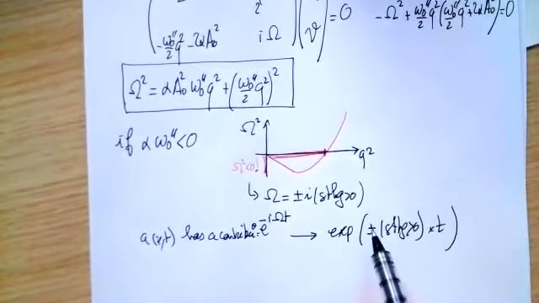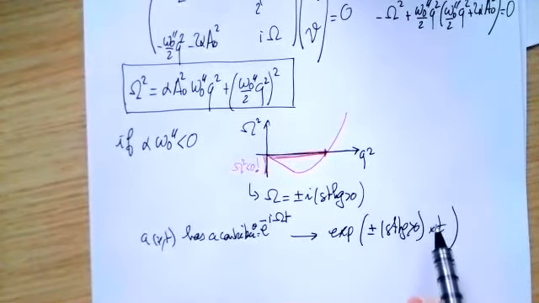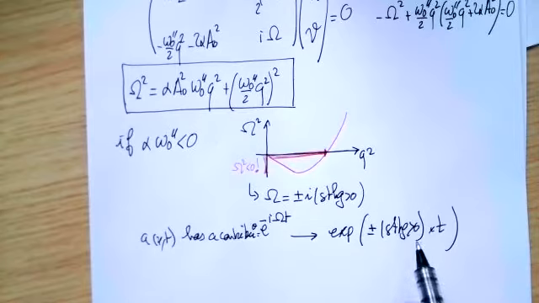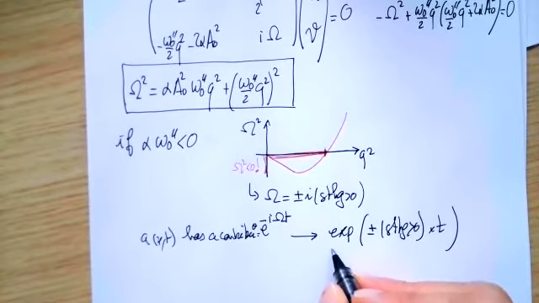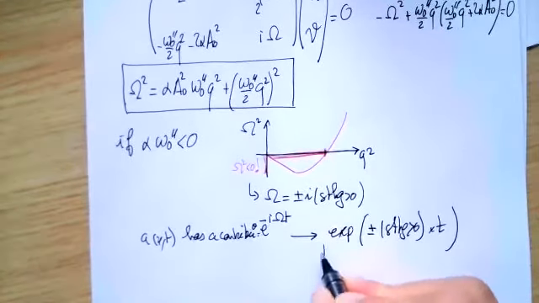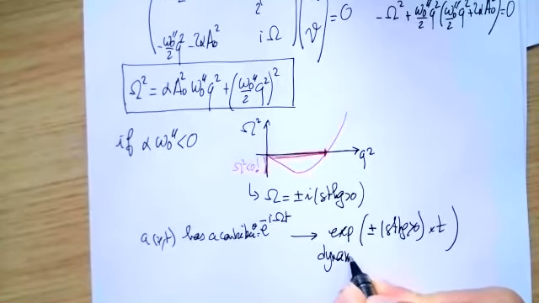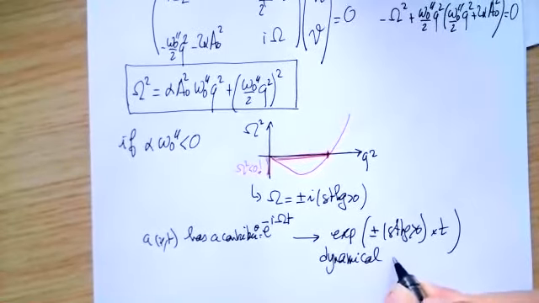So the plus diverges exponentially rapidly. One speaks of the wave is unstable. One speaks of dynamical instability.